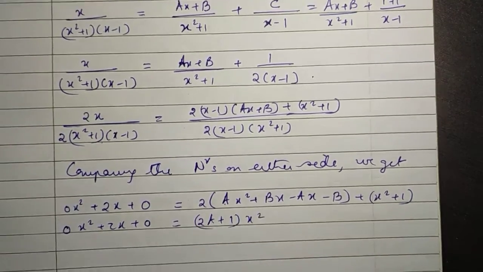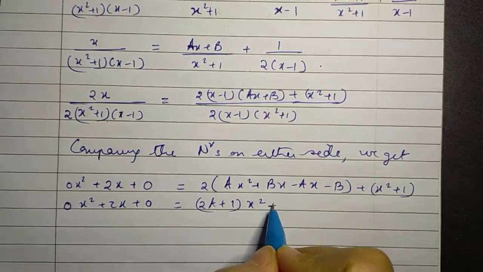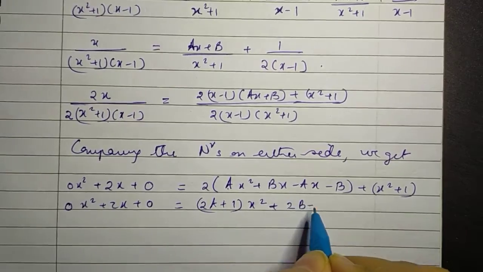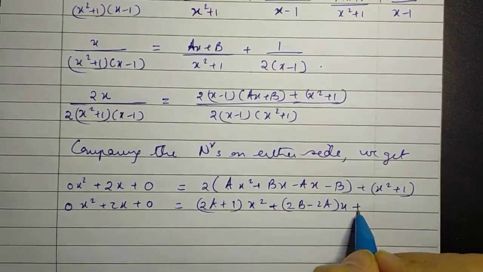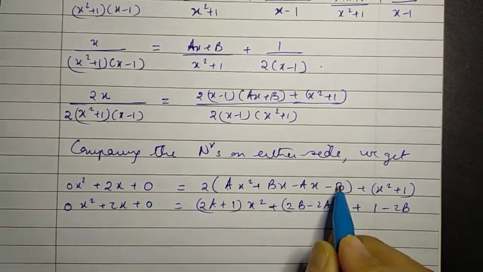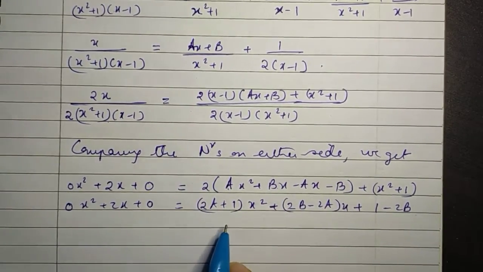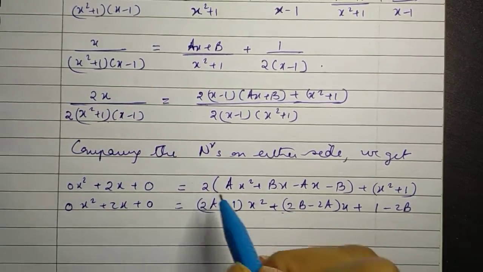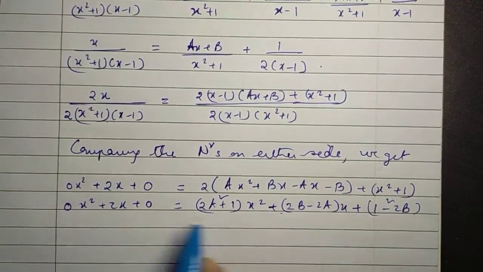Now with x we have 2 times b minus 2 times a of x, these two terms, plus the constant is 1 minus 2b, 1 from here and minus 2b from here. Now we have to only solve for a and b, and using this expression and the constant we can easily get it.